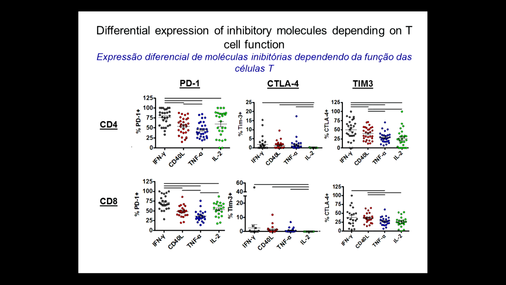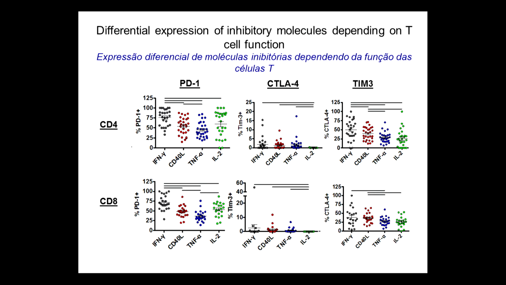And there again, it was interesting to us that the interferon gamma secreting CD4 T cells expressed much higher levels of inhibitory receptors compared to the other CD4 T cell functions.